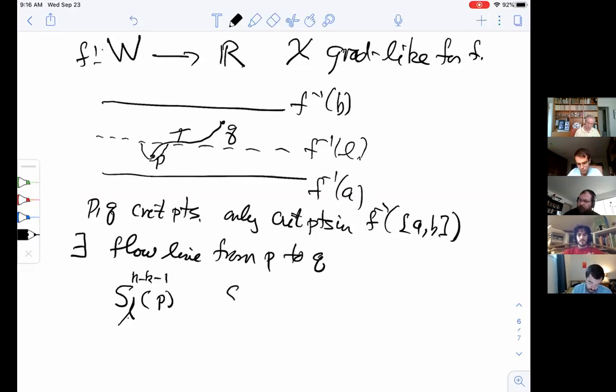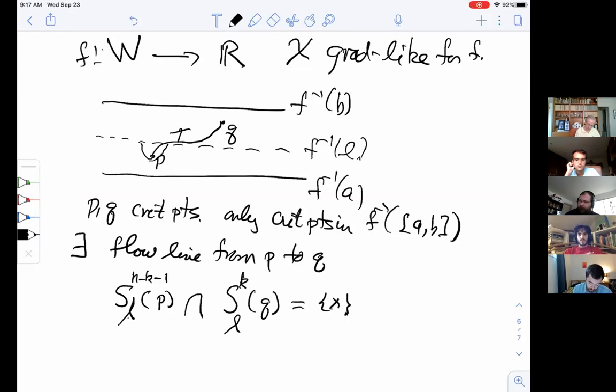Likewise, we have the descending sphere from q. q will be a critical point of 1 higher index, k plus 1. So this sphere will be of dimension k. It's also at level L. This intersection is a single point.